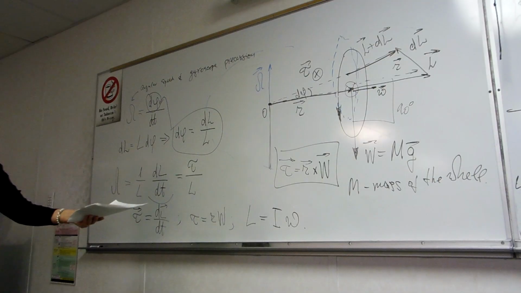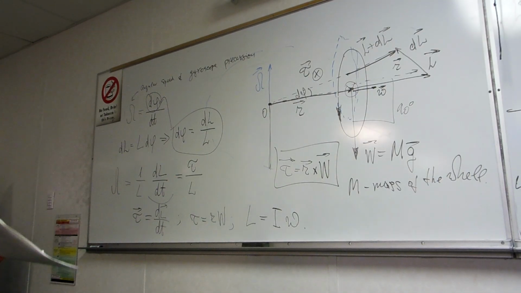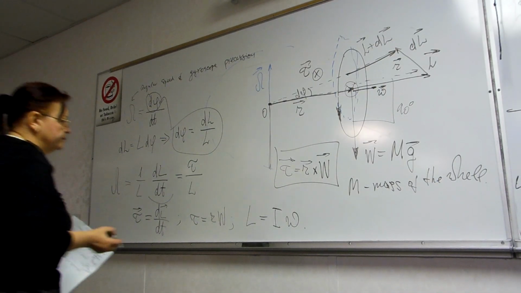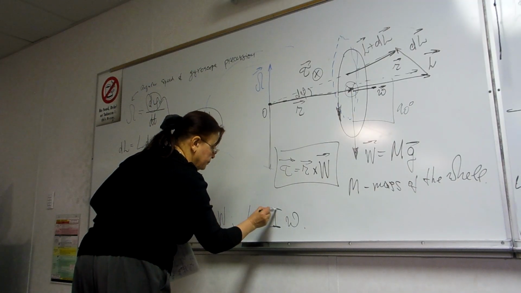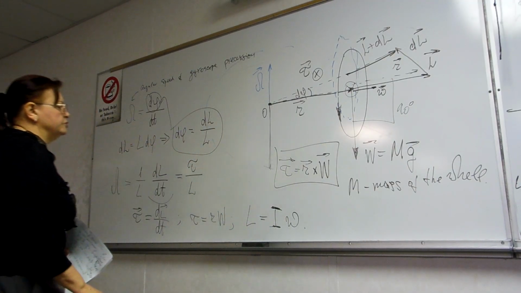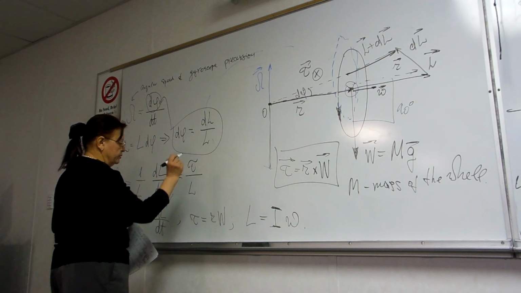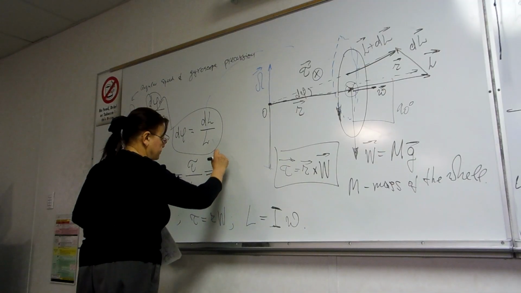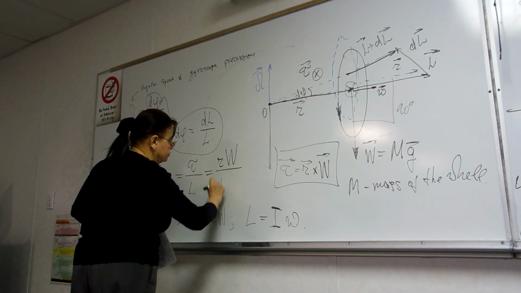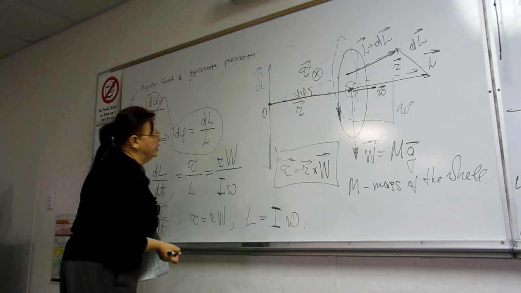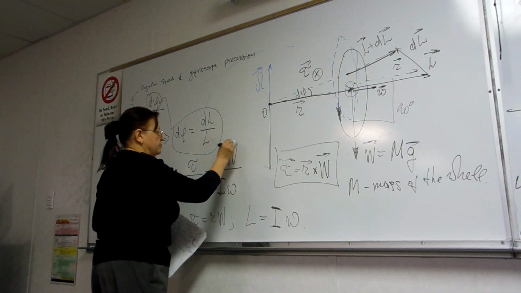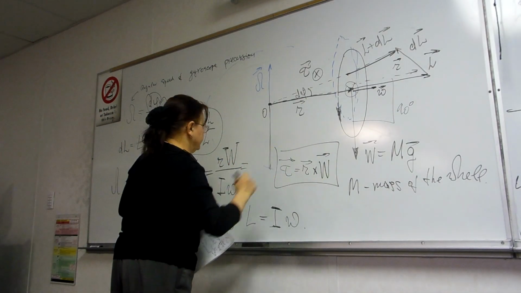By analogy with momentum for linear motion. Moment of inertia by omega. And we'll substitute everything here. So we'll have RW divided over I omega. Then also we can write weight of the object like product mg.